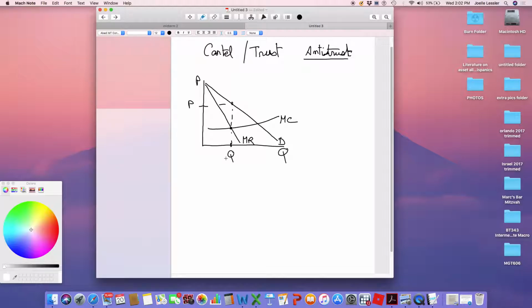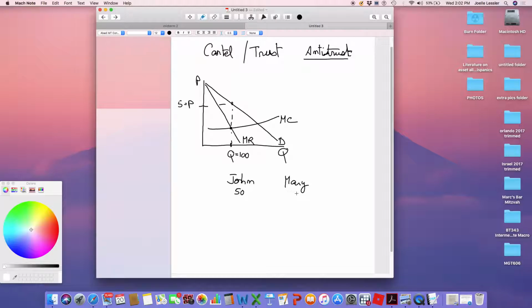Let's say that we have John and Mary, and let's say that the quantity that maximizes profits is 100 units and the price ends up being $5. So let's say they agree that they're going to split the market 50-50.